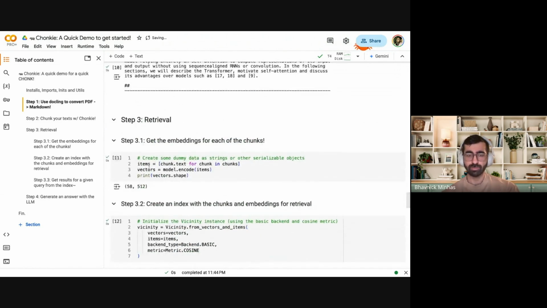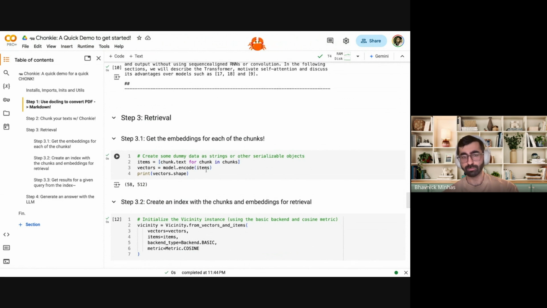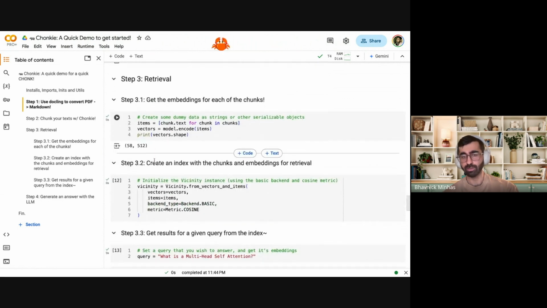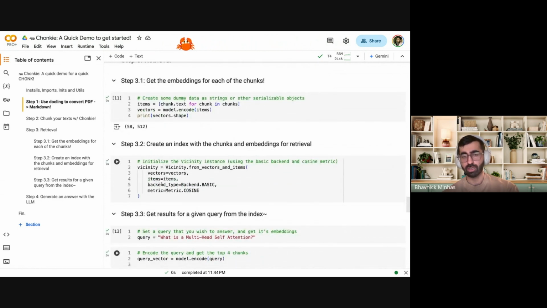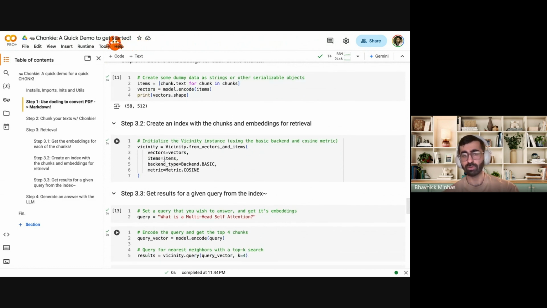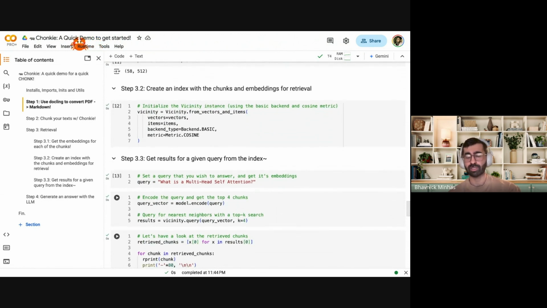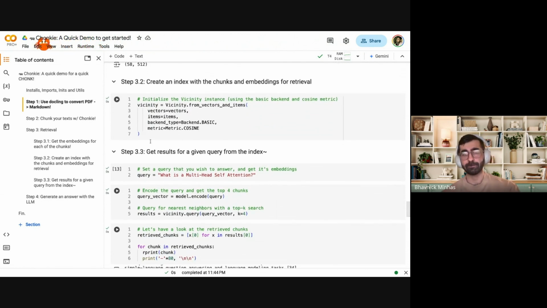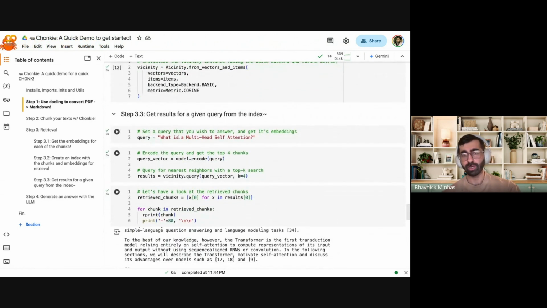We do some retrieval. The way we do retrieval is we first encode it semantically with an embedding model, so we get vectors and we get items. We initialize an index. I do that through Vicinity, which is a good tool to use if you're just experimenting. Then we have a query.